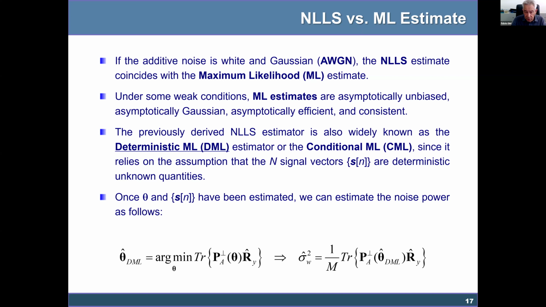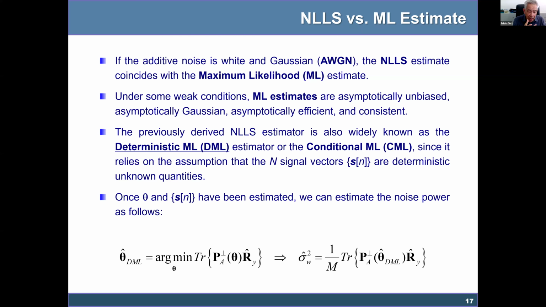The estimator that I derived by using the nonlinear least square principle is sometimes also known as the deterministic maximum likelihood estimator or conditional maximum likelihood estimator. Why?